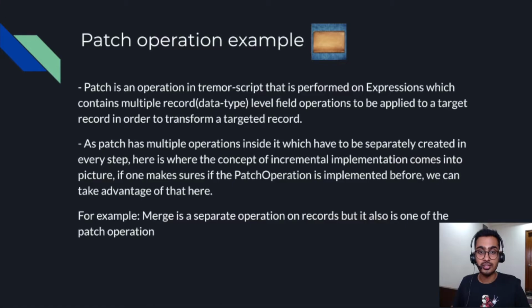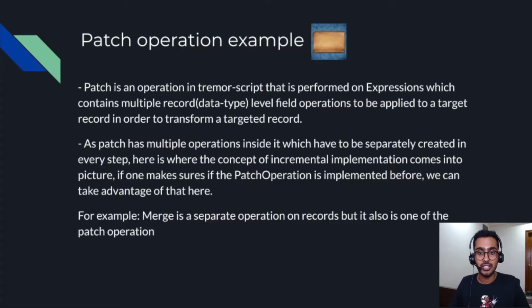So one example which I think is complex but also a good case to explain property-based testing is the patch feature or the patch operation in Tremor script. So a little bit about the patch operation. It's an operation on expressions, or basically on records.